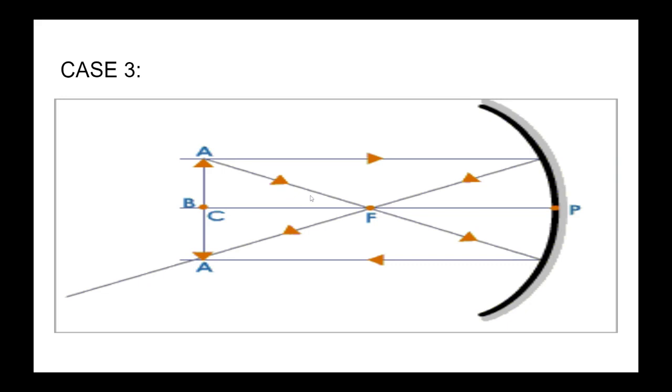Could you observe that the image formed is of the same size as compared to the object? Yes, it is inverted, but both the object and the image formed are of the same size. So where was the object placed in case 3?